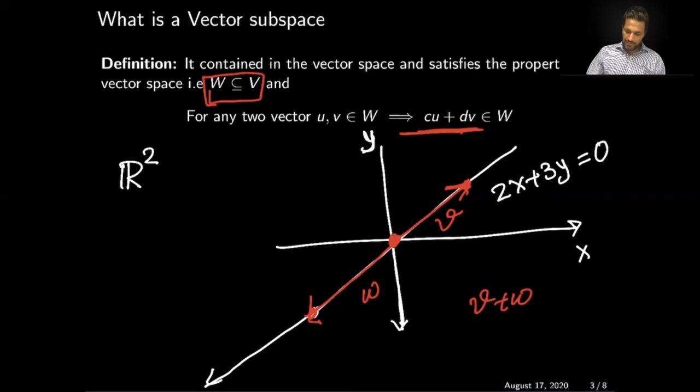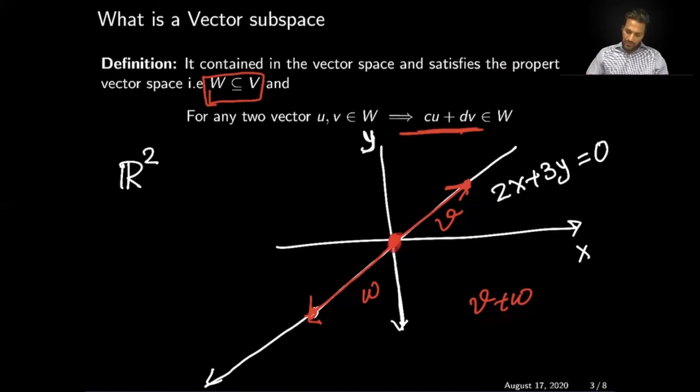The reason is that if you draw the parallelogram, the only parallelogram you can draw is a trivial parallelogram which does not have any width. So the diagonal of the parallelogram is also trivial, which is always going to be on this line. So v plus w is always going to stay on that line.